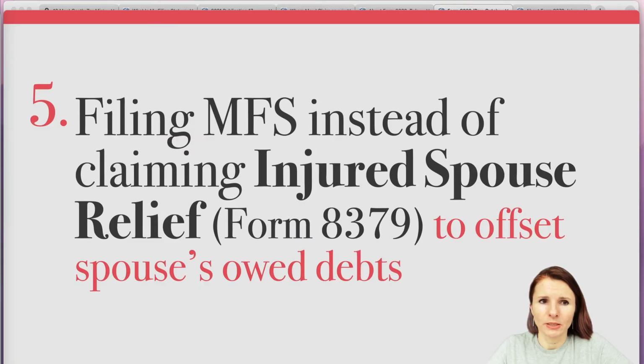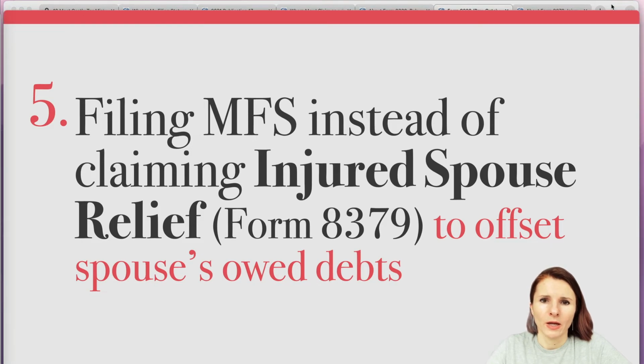Now, finally, the last tax mistake in this category is if you're filing married filing separately, instead of claiming injured spouse relief, Form 8379, to offset the spouse's owed debt. I'm going to link it in this video, where I go over the detail of what it means.